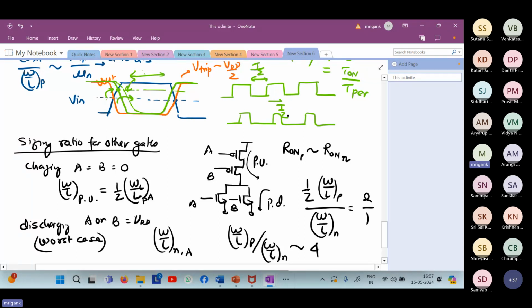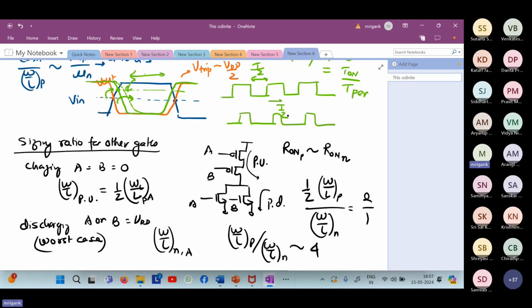So in this case, in order to have the trip point close to VDD by 2, and in order to have rise time and fall time almost similar, we will have to size up the PMOS. PMOS has to be sized up. That means it has to be 4 times the W by L of the NMOS. Because we have two PMOSs coming in series, and worst case scenario, only one NMOS is there in the lower part. So the two PMOS need to be equated to the single NMOS.